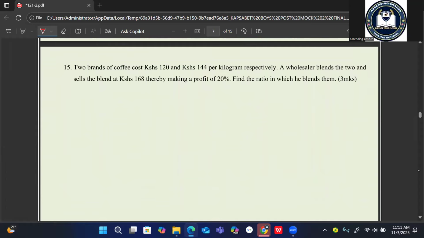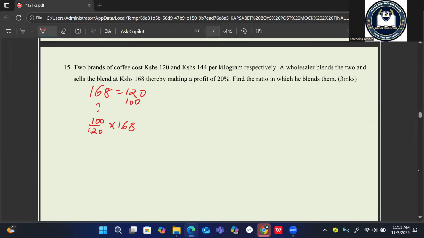So, since we are told that he sets them at 168 shillings and makes a profit of 20%, we can find how much he bought it for. So, if 168 is equal to 120, what about 100? So, it will be 100 out of 120 multiplied by 168.